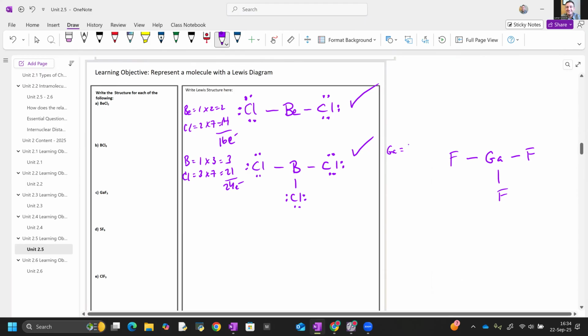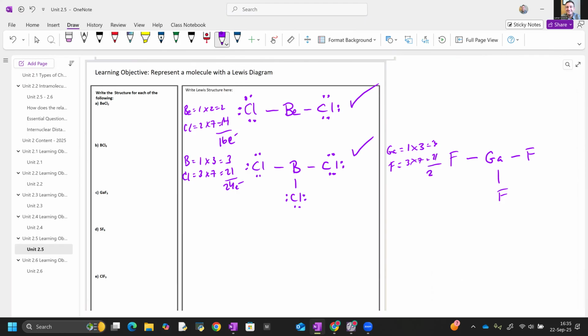So our count is very similar to what we just saw. Gallium is 1 times 3, which is 3. And then fluorine is 3 times 7, which is 21, for a total of 24 electrons. So we put in our count: 2, 4, 6, 8, 10, 12, 14, 16, 18, 20.